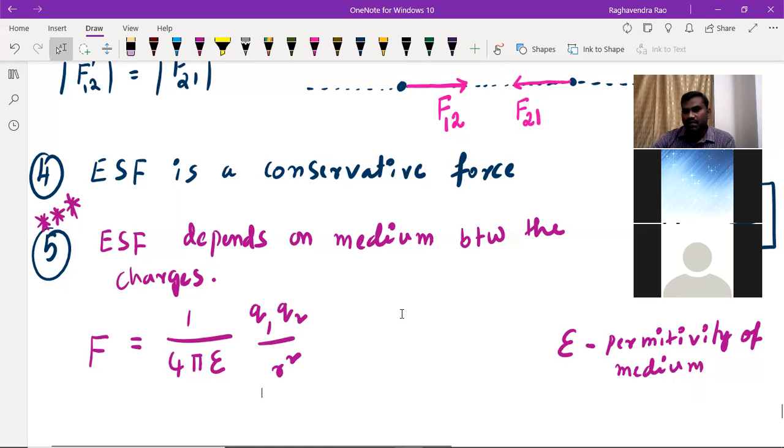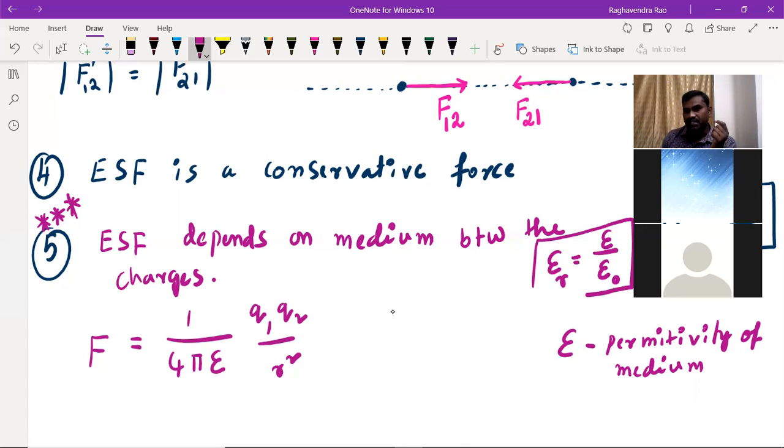Now we have to identify how the medium responds relative to the original medium. So we introduce the concept called relative permittivity, represented by epsilon suffix r. Epsilon r is equal to the permittivity of the medium divided by the permittivity of vacuum or air.